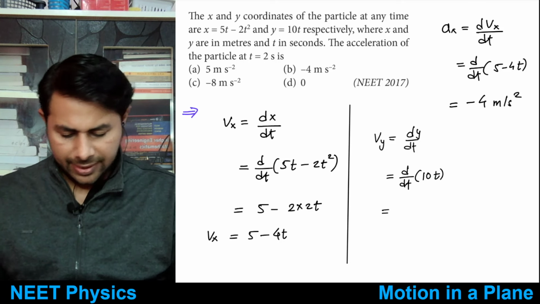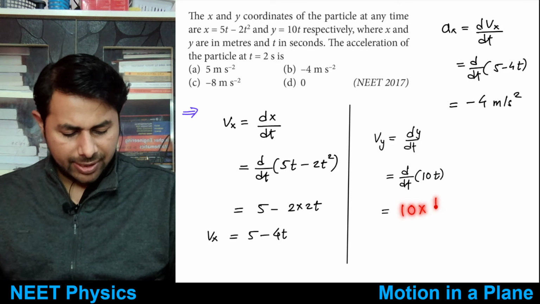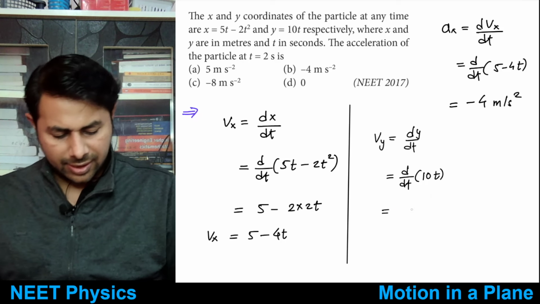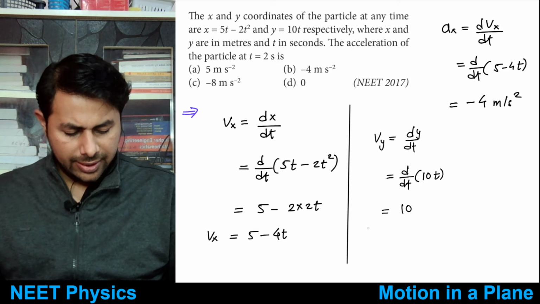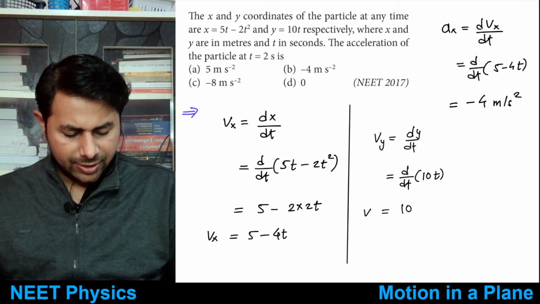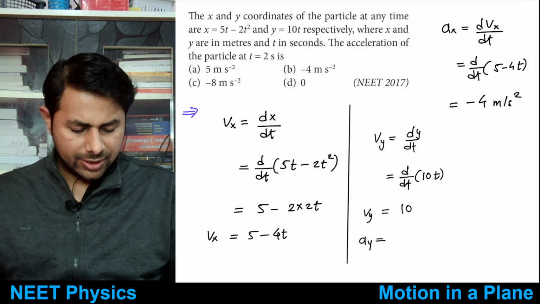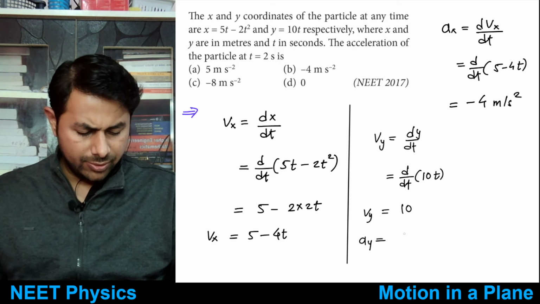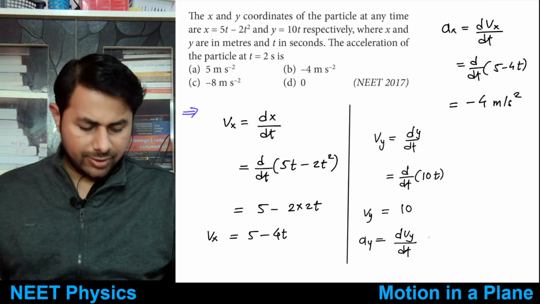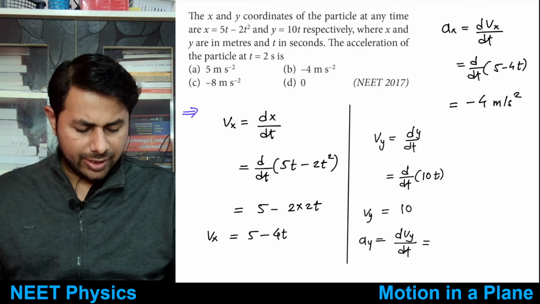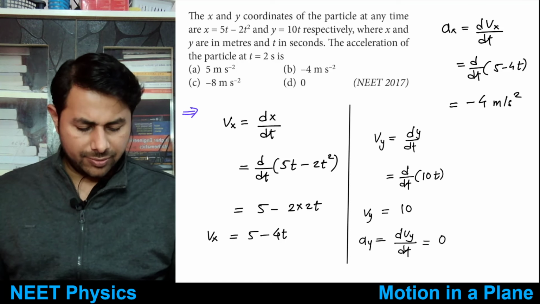If you take its derivative, it is 10 multiplied by dt by dt, so that is just 10. And then you have acceleration in y direction. Ay is just equal to d by dt of vy, so dvy by dt, and vy is constant, that's why acceleration would be 0, so ay is 0.